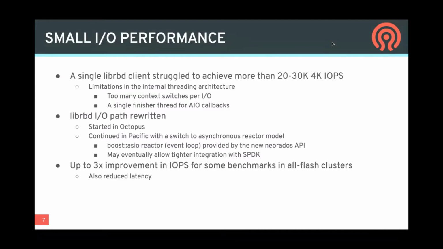It provides a pool of Boost.Asio io_context reactive threads, and that allowed us to kill numerous ad hoc, one-off threads and thread pools within librbd and some in librados. And this resulted in generally lower latency and up to 3 times increase in IOPS for some benchmarks in all-flash clusters.